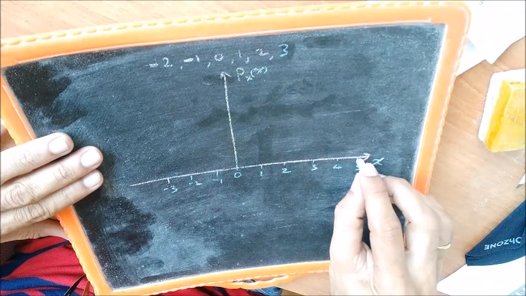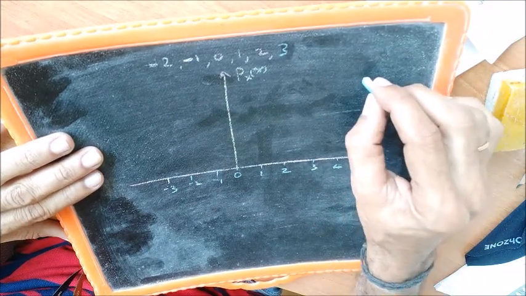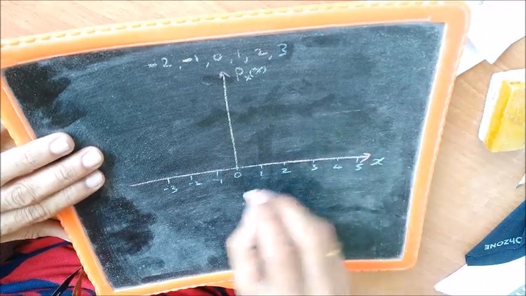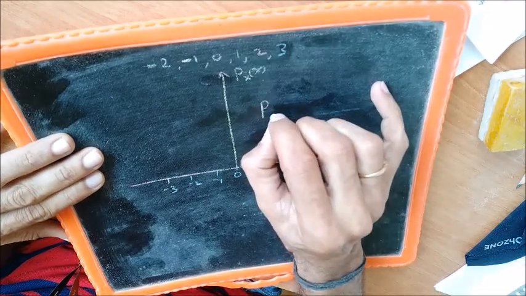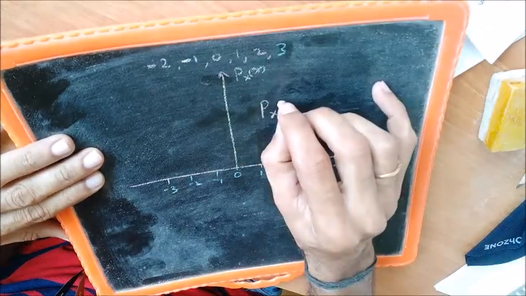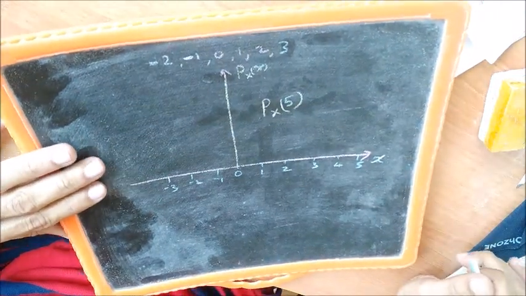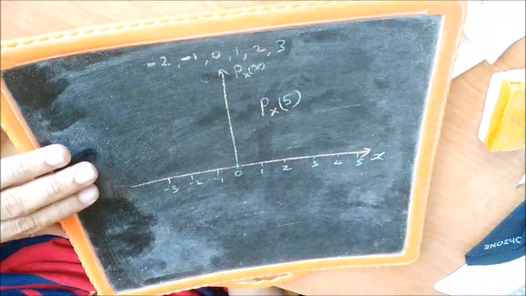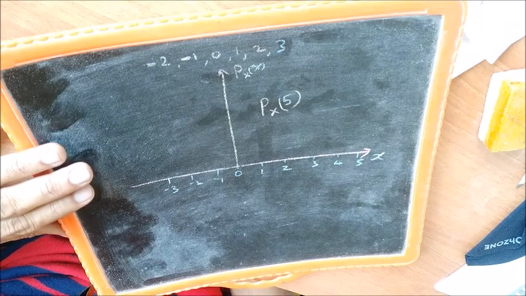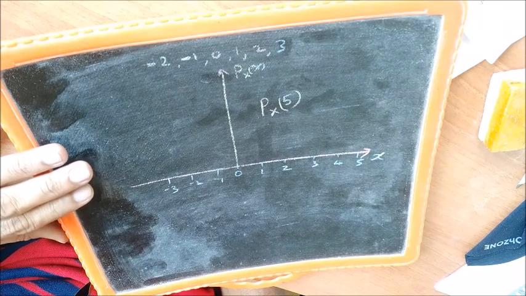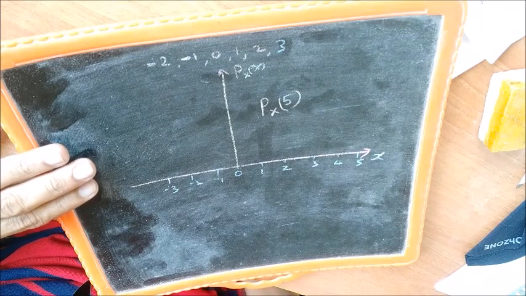So if I try to find out what is the probability distribution function when small x is 5, basically we are asking the question, what is the probability that this random variable x takes a value less than or equal to 5.